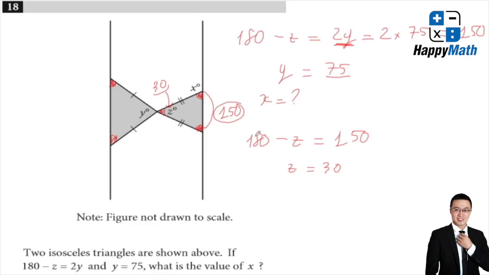And they are equal because it is an isosceles triangle, so each of them will be 75. So this one is 75, add x. 75 plus x equals a straight line, which means 180. So quite easy to count, x is 105. So 105 is my final result.